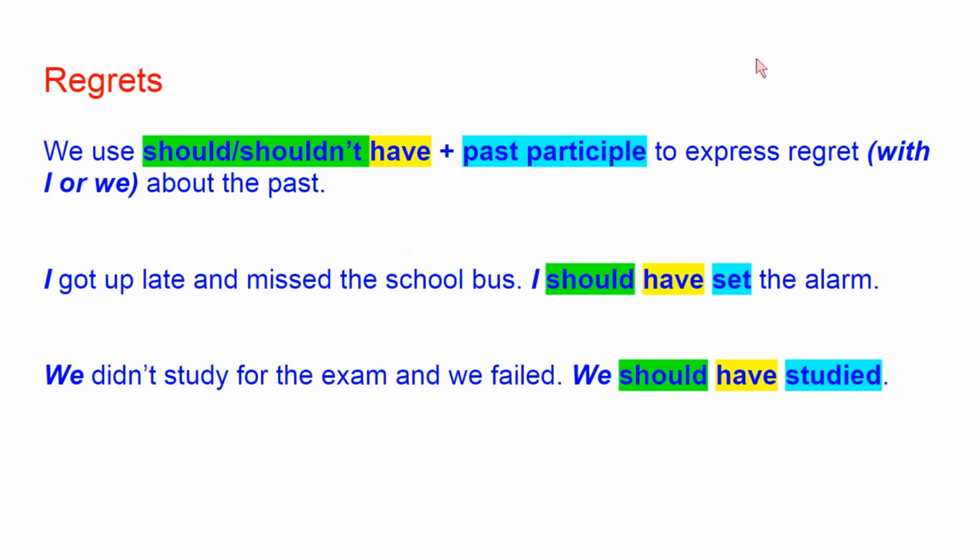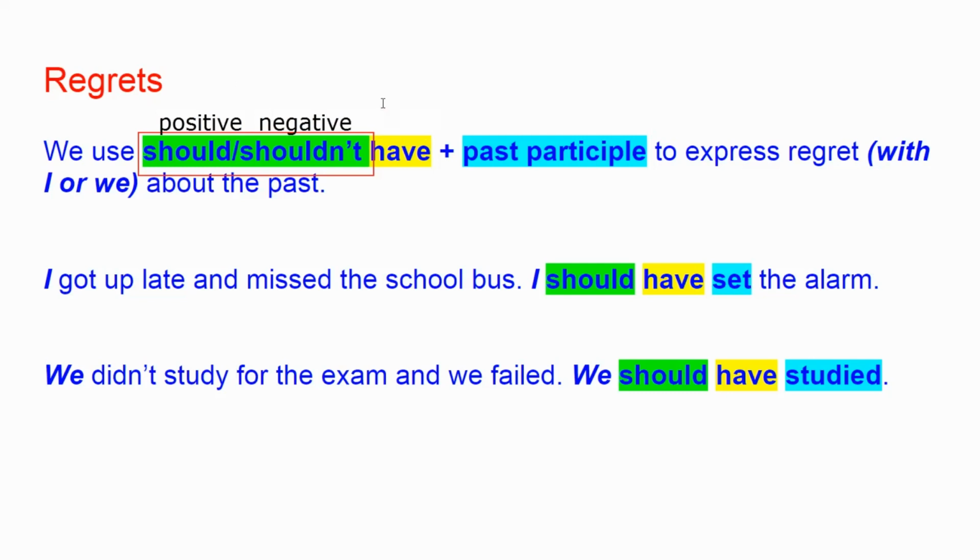Now, for starters, para iniciar, we always are going to use should and shouldn't, all right? Should para positive, muy bien, and shouldn't para negative. Remember, positive should, negative shouldn't.